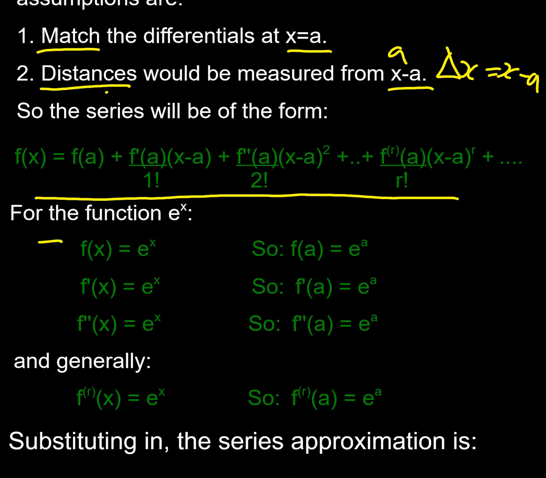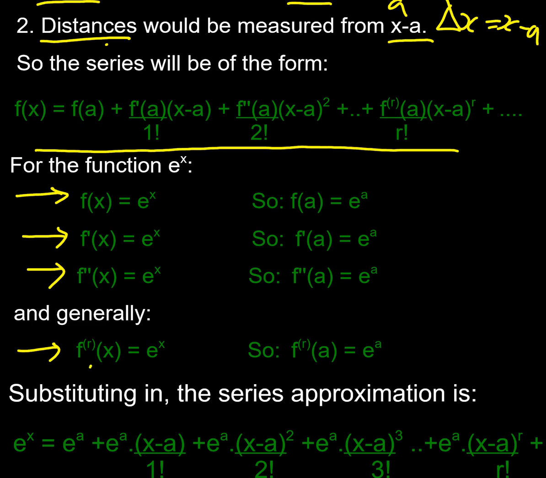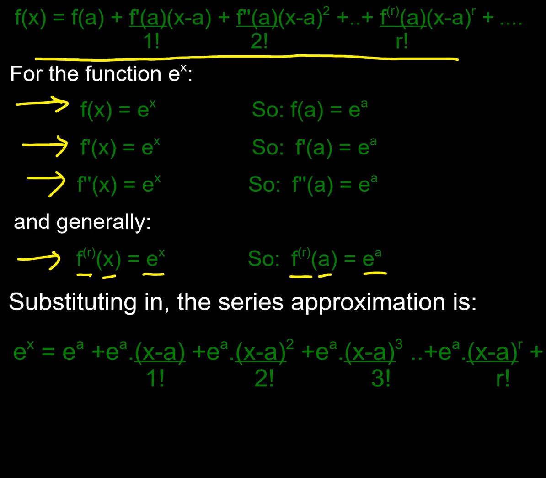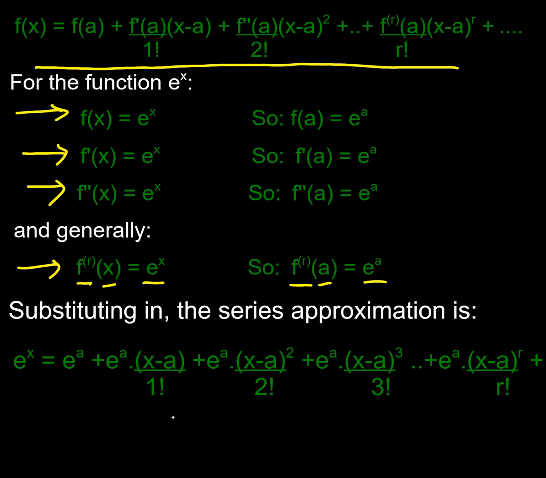I approximate my values, so I equate my values again here, and I get a general differential: the differential of this function is e to the x, so the differential at a is e to the a. What does that tell me? Well, that just tells me that my series approximation would look like that.